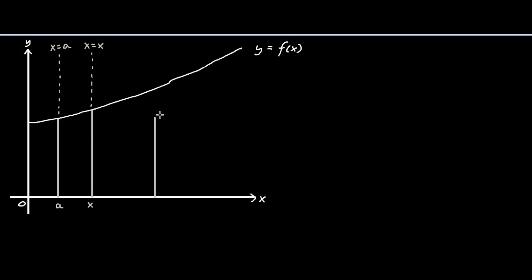The third line will be called x plus change in x. And the fourth line will be called x equals b.